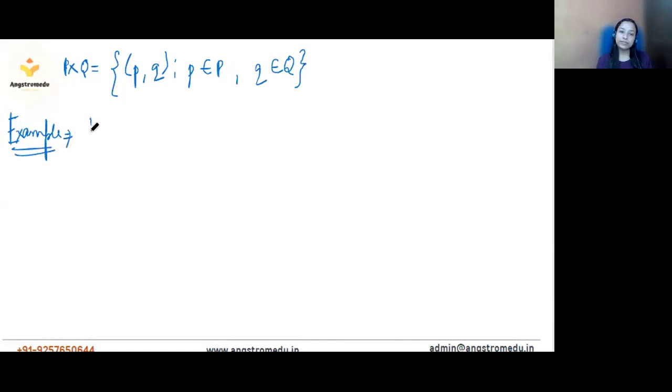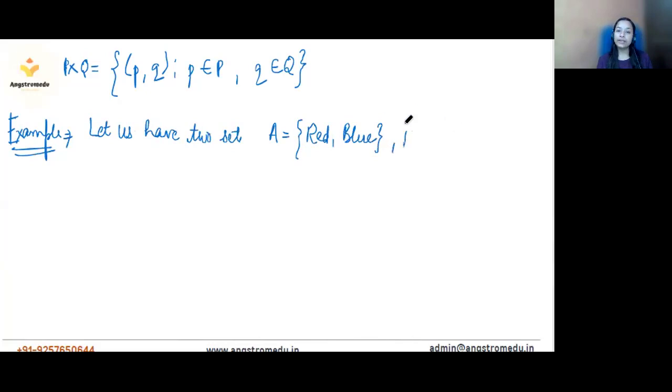Let us have two sets. One, the name of the set is A, and it contains two colors, let's say red and blue. It is a set of two colors.